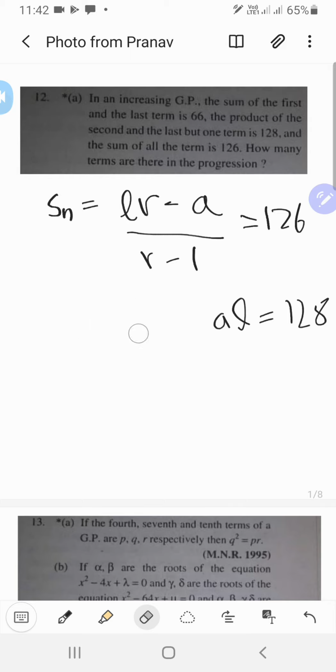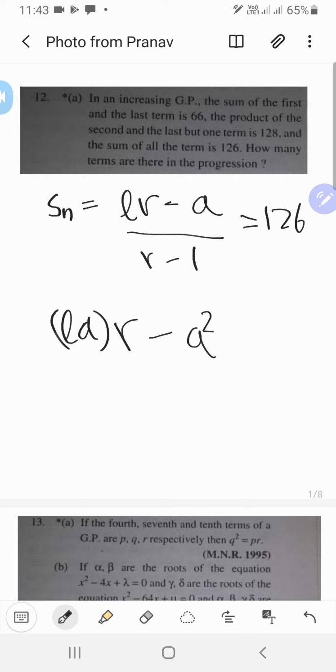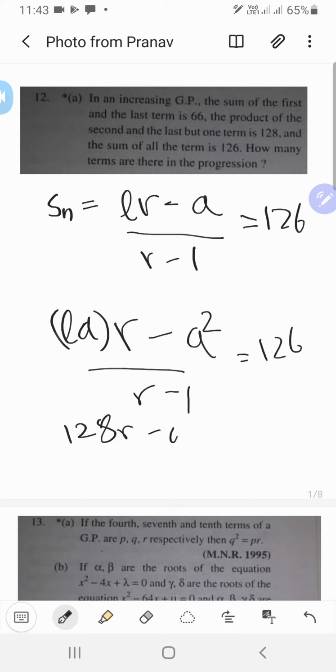I'm going to multiply the sum equation by A, so I will get (L times A times R minus A squared) upon (R minus 1) equals 126. Now L times A is 128, so (128R minus A squared) upon (R minus 1) is 126. That's a nice equation.